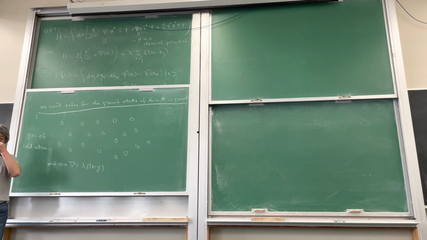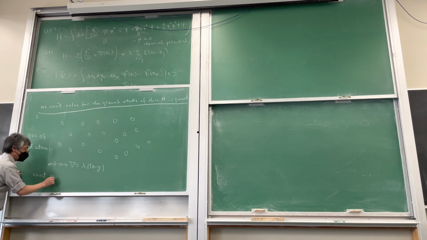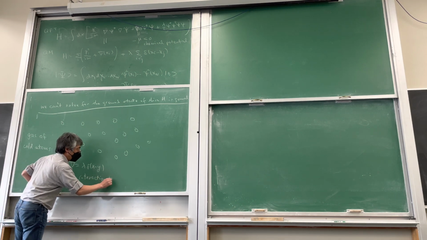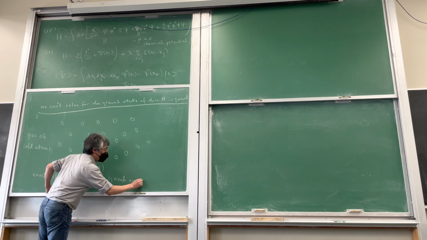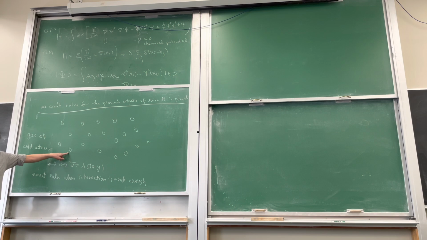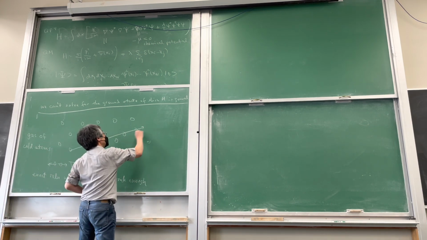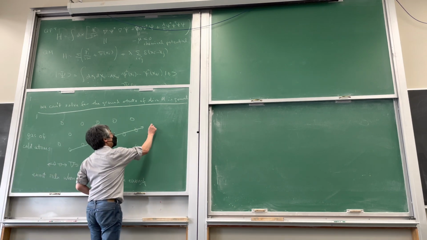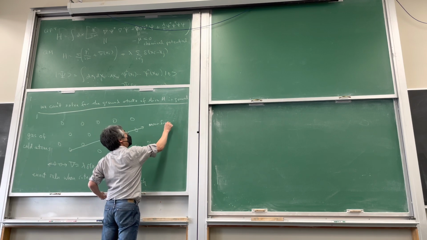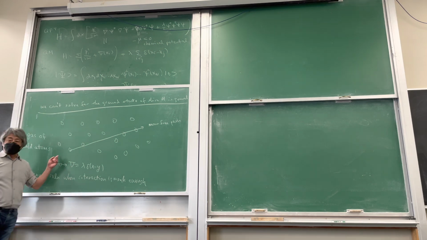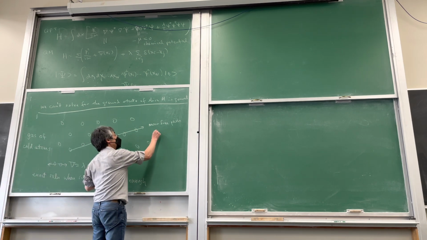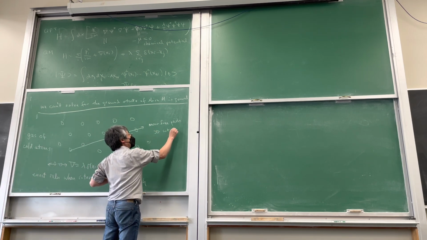But you can when the interaction is weak enough such that each of these atoms can go through pretty much every one of them without hitting any one of them on its way, meaning that the mean free path, which is the distance each atom can go without hitting any other atoms on its way, is much longer than the typical interparticle distance.